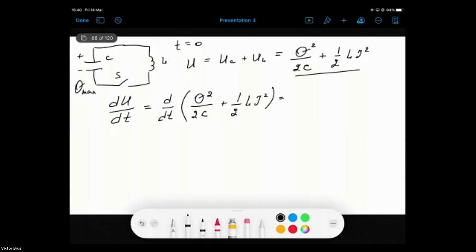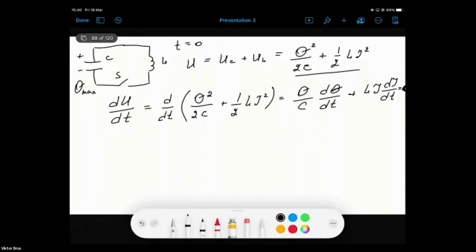This will be equal to Q divided by C times dQ over dt plus L times I times dI over dt. And this is equal to 0 here.